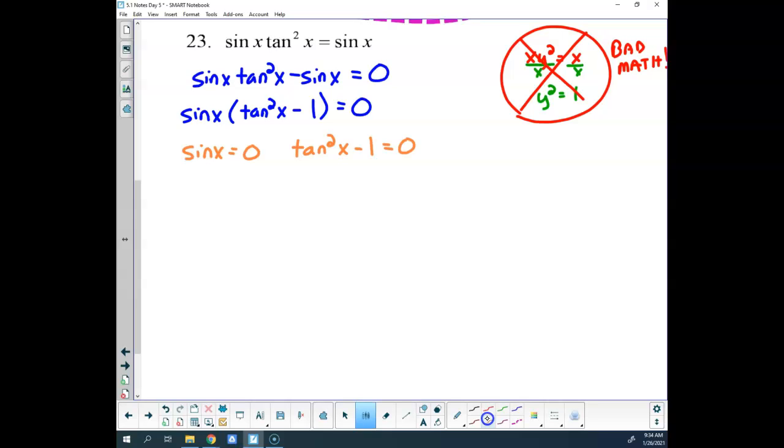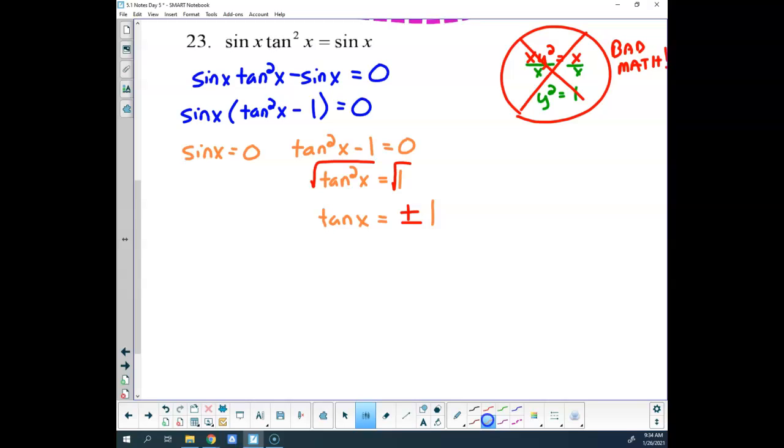Adding 1 to both sides gives me tangent squared of x is equal to 1. Square rooting both sides gives me tangent of x equals, and here's the kicker, plus or minus 1. Because I'm square rooting and solving, I need that plus or minus.